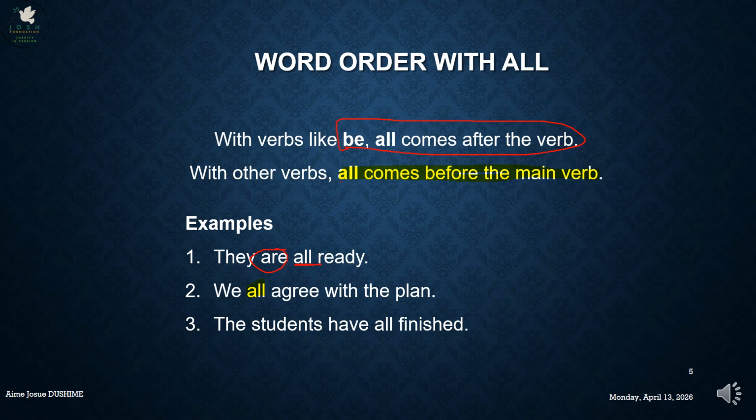After all, we have another verb. The verb here is agree. Agree with. You see that? That's what I mean. Here we have verb to be and then all. Here we have all, then agree. When we have other verbs, all comes before, then the other verb. But when you have verb to be, you start with the verb to be and then you have all. The students have all finished.